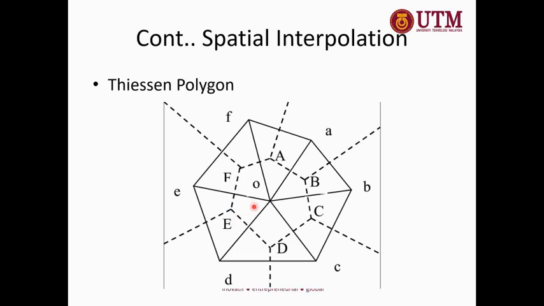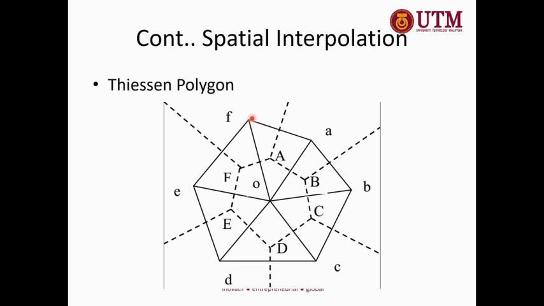So this is the example. For example they have points F, A, B, C, D, E. They have the data, and then they can interpolate from this data to get the data inside, the zero area. From there they can combine to get the height of this area.